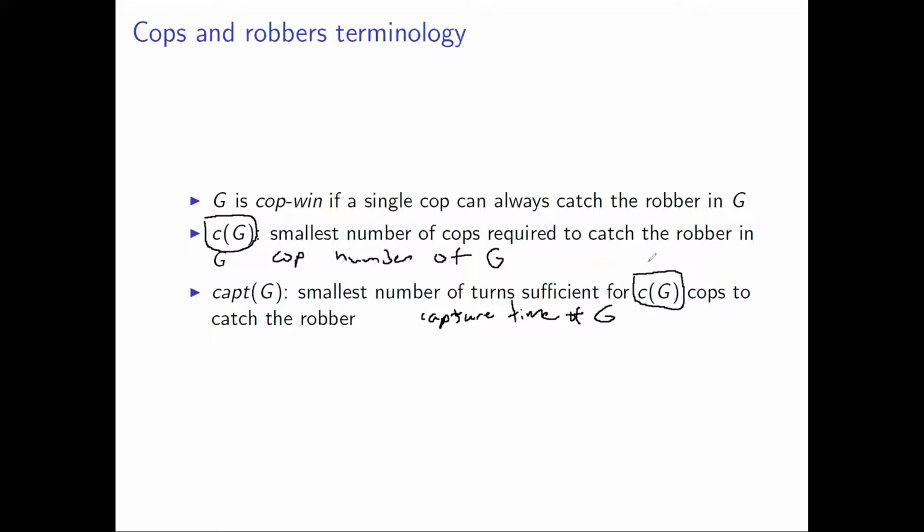So I want to note something very important about the definition of capt(G) here. When we calculate capt(G), the number of cops that we use is equal to the Cop number of the graph G that we're considering.